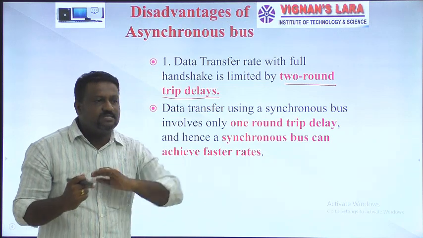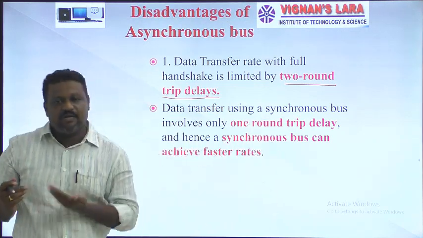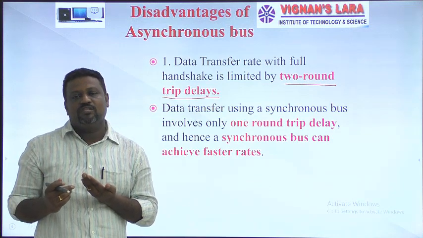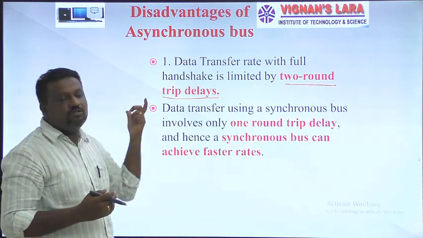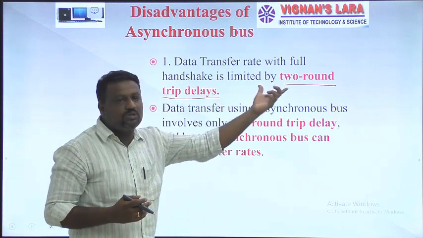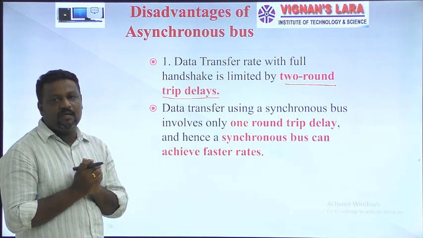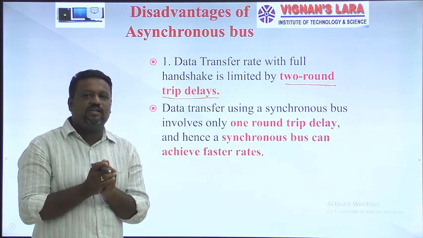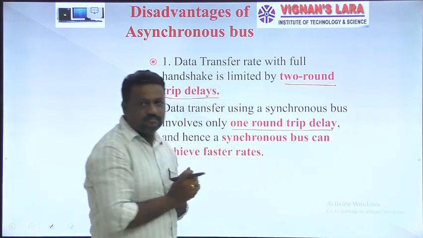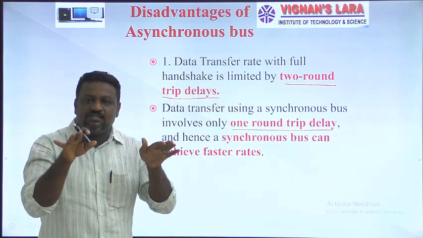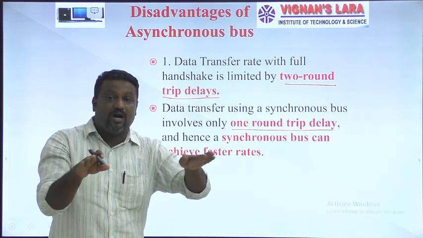Here, these are the two handshaking signals that definitely exist in your data transfer. One round trip means the master sends information and later the slave sends information back to the master with the help of the two handshaking signals. So 2 round trip delays exist for this. But in synchronous serial communication, only 1 round trip delay exists, because the master and the slave must be synchronized with the same clock.